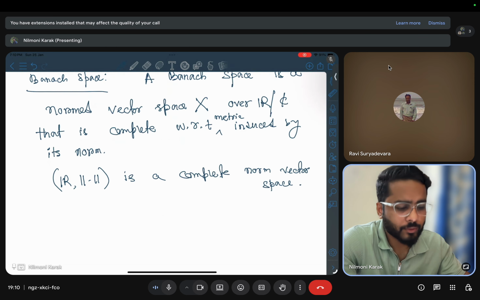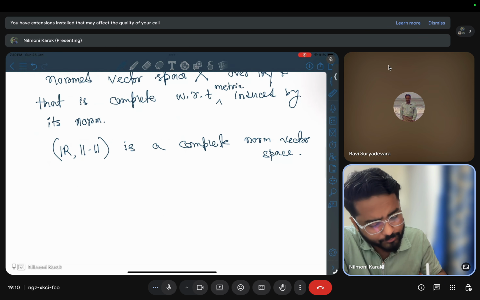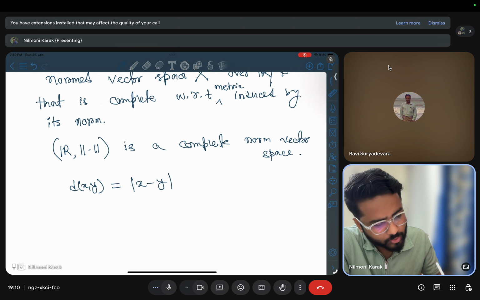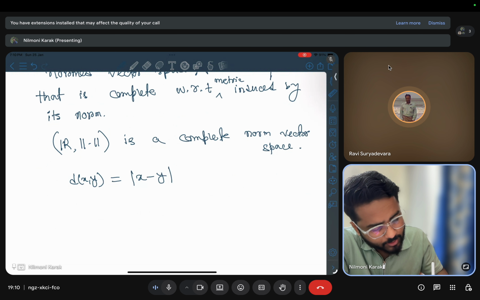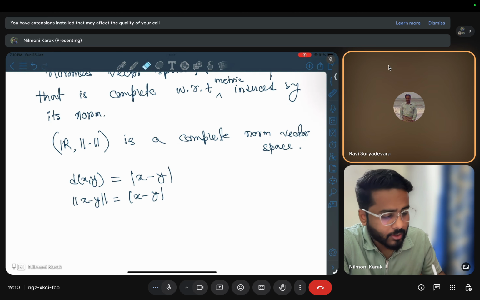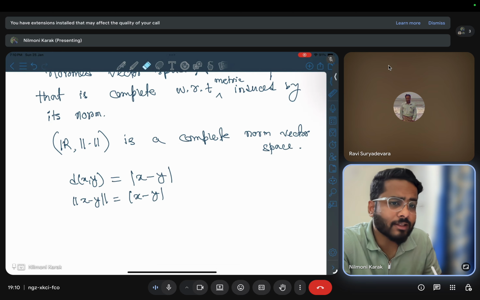For R, the distance d(x,y) is just the absolute value of x minus y, and the norm means x minus y. In R this is length.